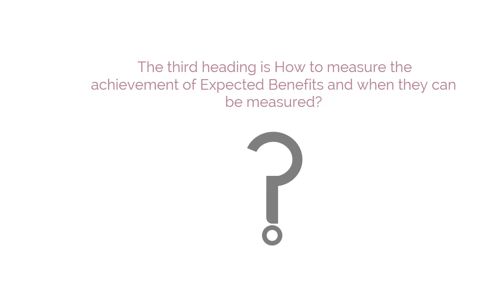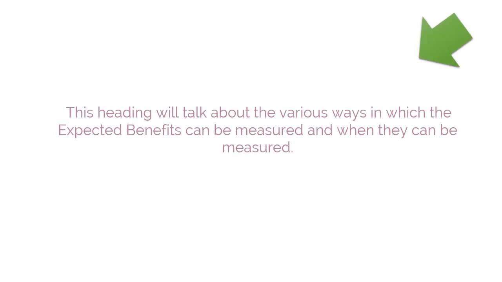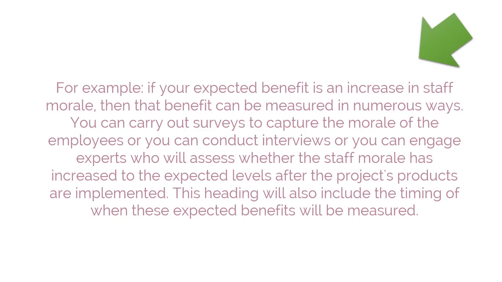The third heading is How to measure the achievement of expected benefits and when they can be measured. This heading will talk about the various ways in which the expected benefits can be measured and when they can be measured. For example, if your expected benefit is an increase in staff morale, then that benefit can be measured in numerous ways.